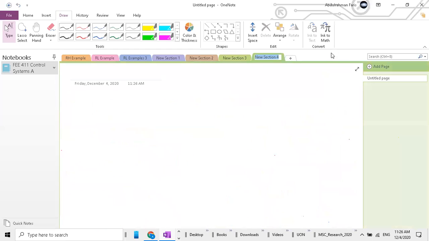By the way, why we are using this: let's say we have G of S is N1 over D1, and H of S is N2 over D2. Therefore, our characteristic equation is GH, right?